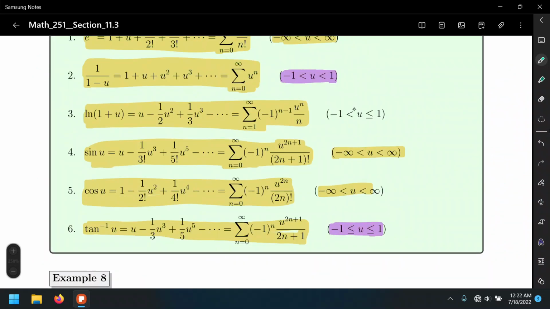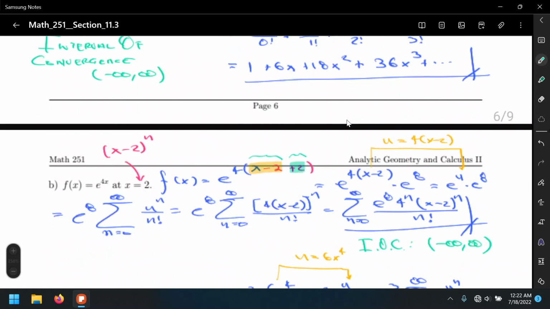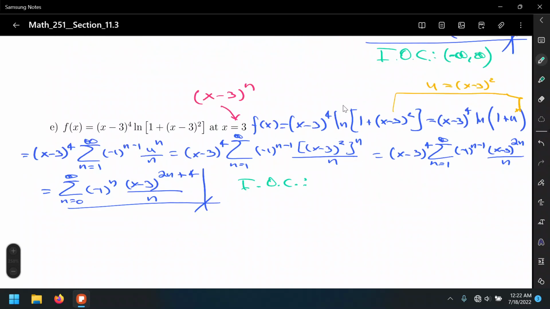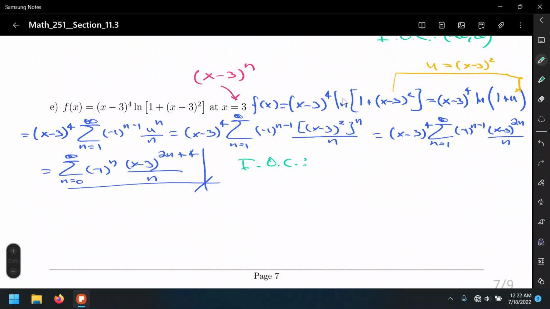This one has a different inequality, so it's going to go from negative 1 less than u less than or equal to 1, and in this case for the u, I know the u had a squared over here, but I'm just going to take the x minus 3 to make this simpler. So negative 1 less than u less than or equal to 1, because otherwise we would have to do the long process, ratio test, the endpoints, and then find out that the final answer is this.